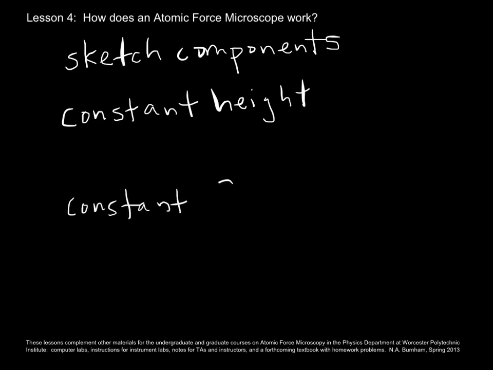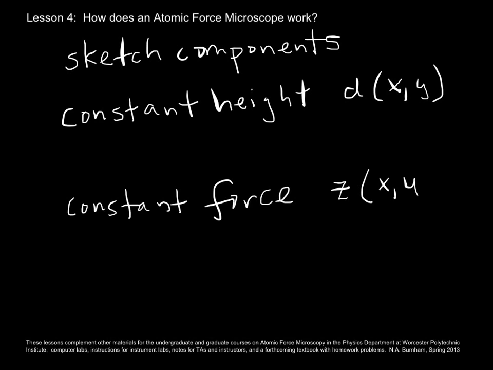And as a quick summary of those two modes, remember, constant height gives you deflection as a function of XY position of the scanner, whereas constant force gives you a constant force, but the scanner has to move up and down in Z as it goes back and forth in X and Y.